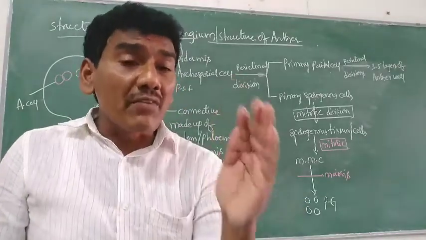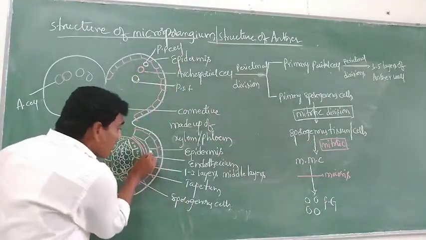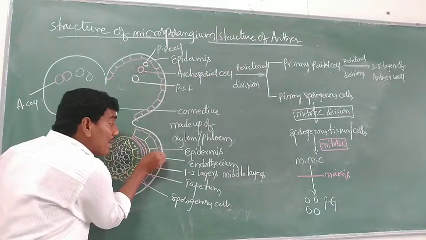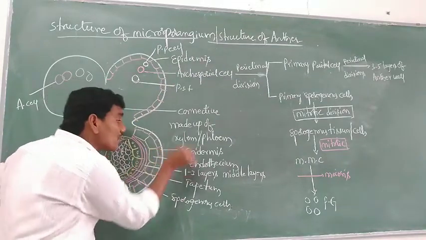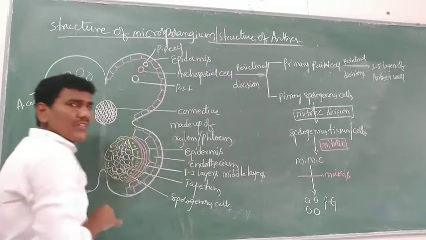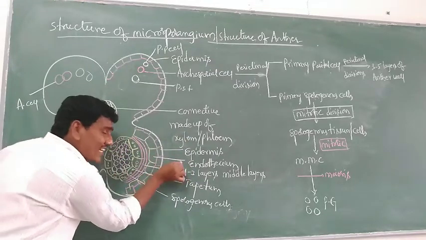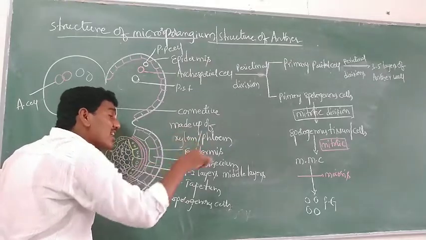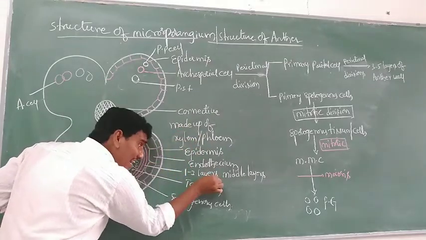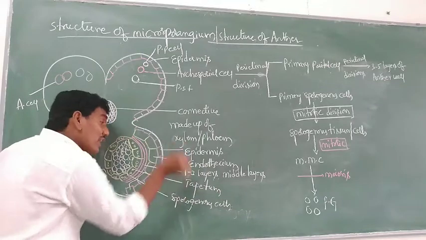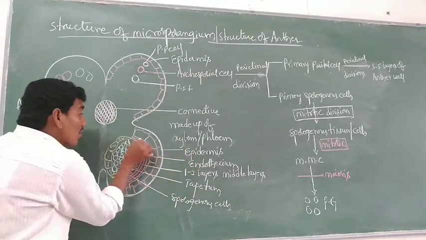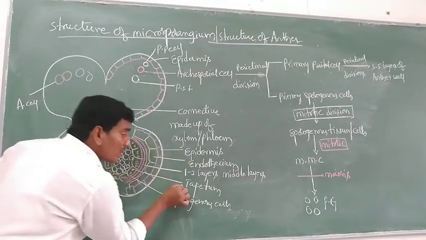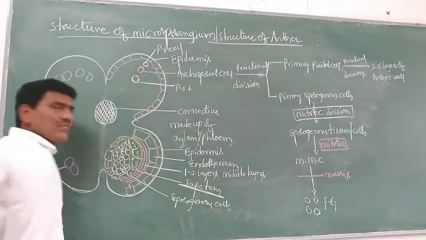Out of the layers, the first layer present towards the epidermis constitutes the endothecium. Below the endothecium, 1 to 3 cell layers are known as the middle layers. Below the middle layers, the innermost layer of the anther is known as the tapetum.